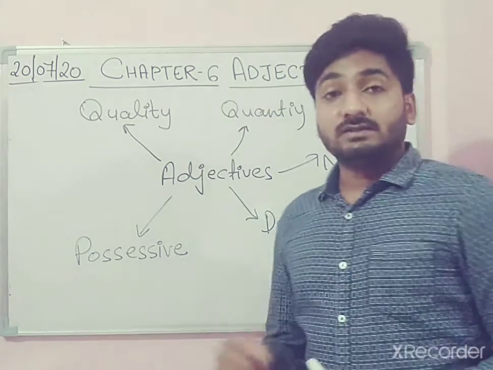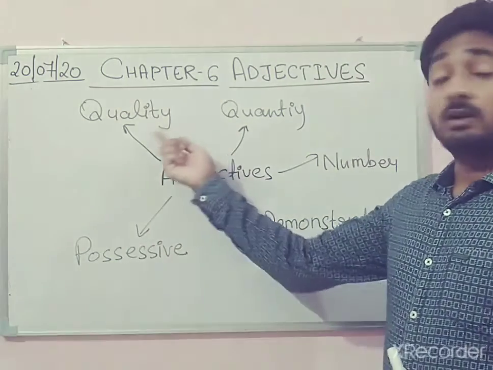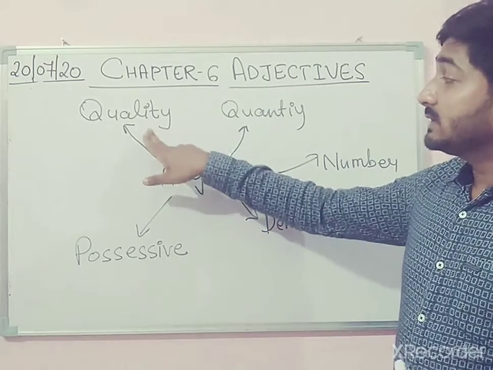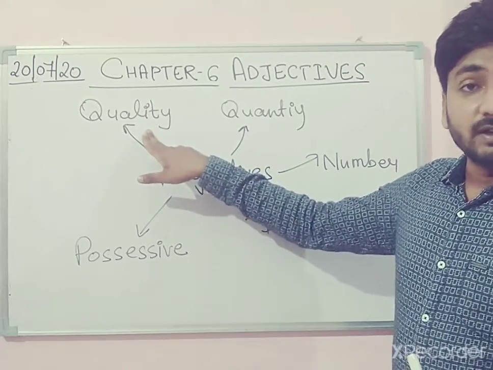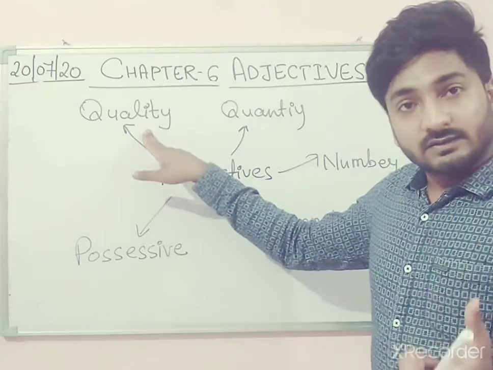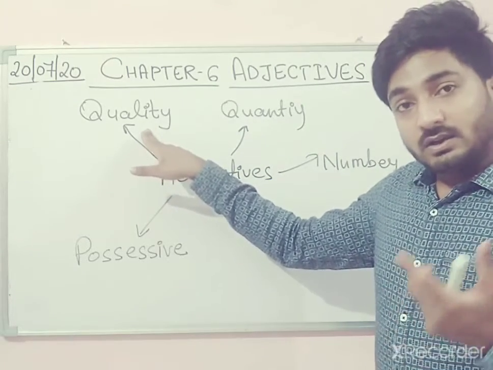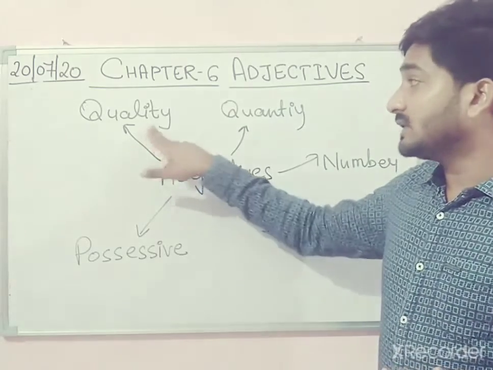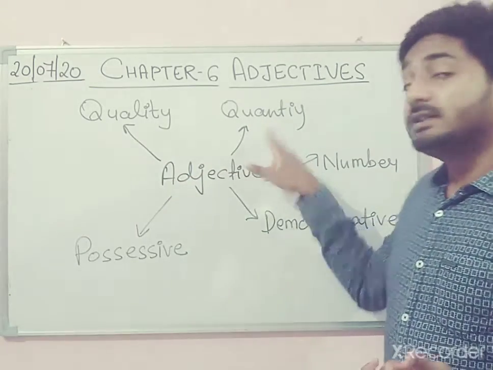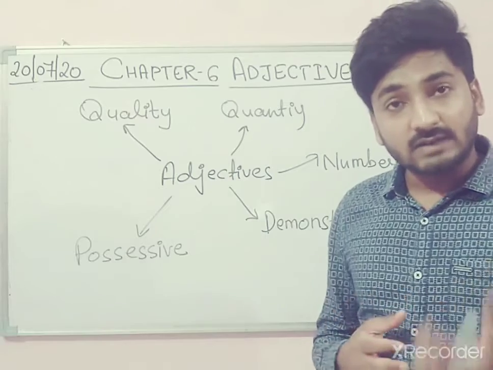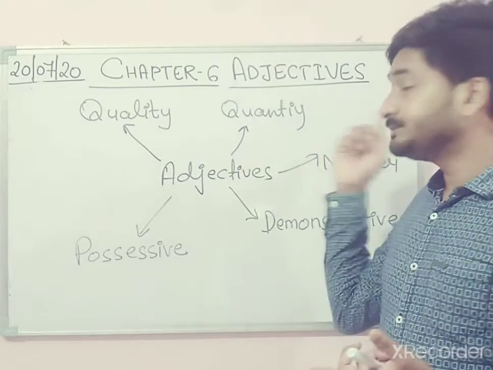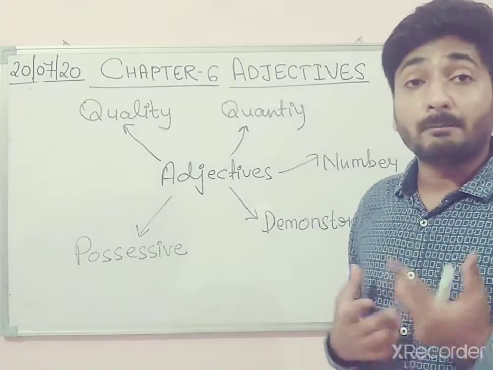When we answer the question how, what kind, then we use adjective of quality. Okay, when we are describing a thing by its size, color, shape, or by opinion, then we use adjective of quality. Quantity, when we are answering a question which is asking how much.